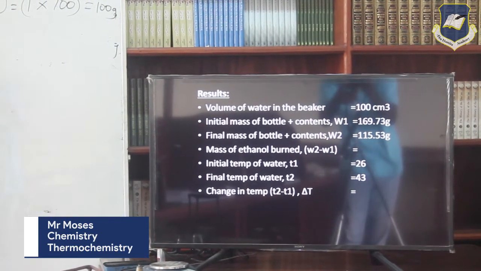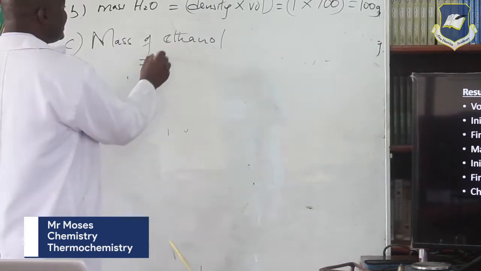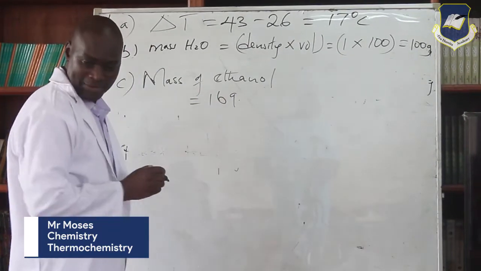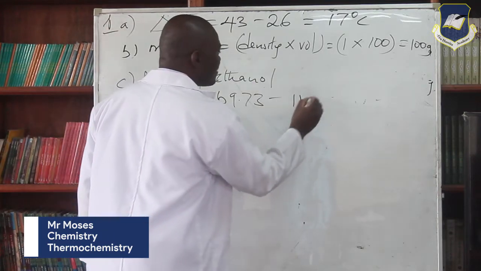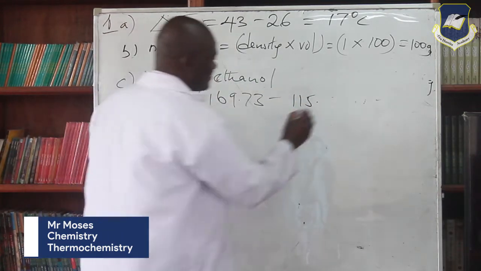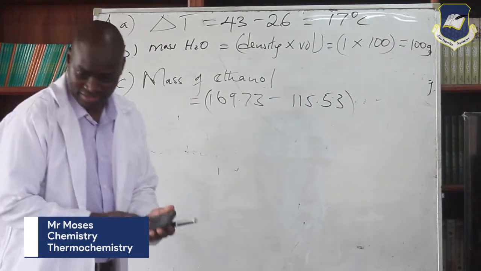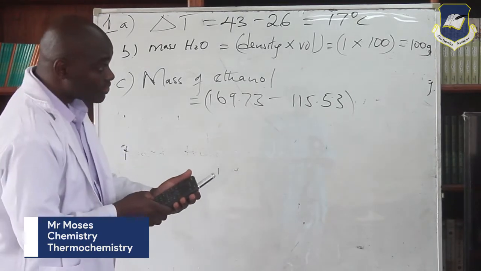So for us to get the mass of ethanol, we'll take the initial, 169.73, minus the final, 115.53. Very fast, so that we don't waste time.